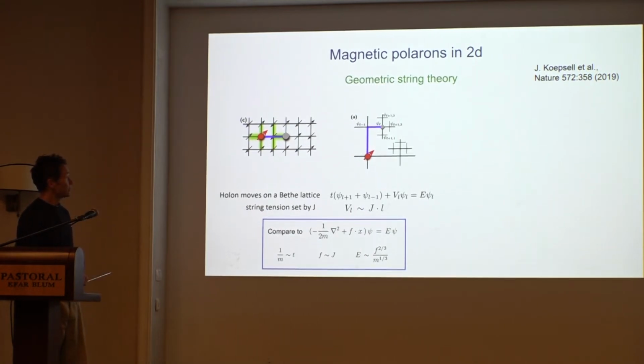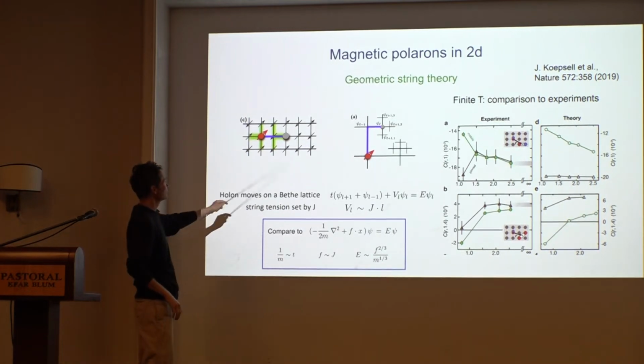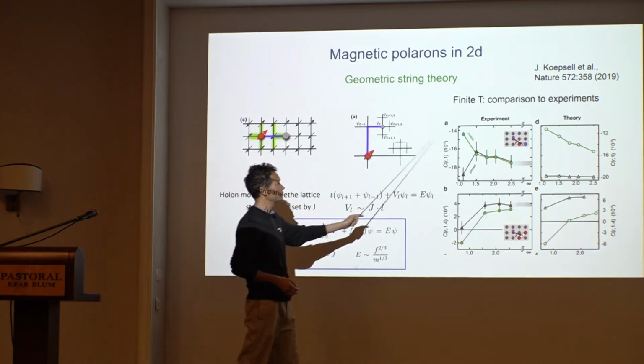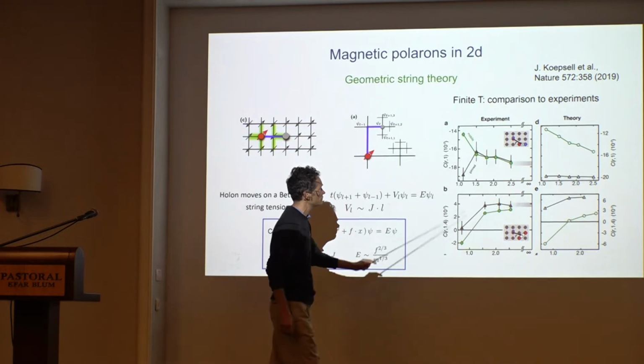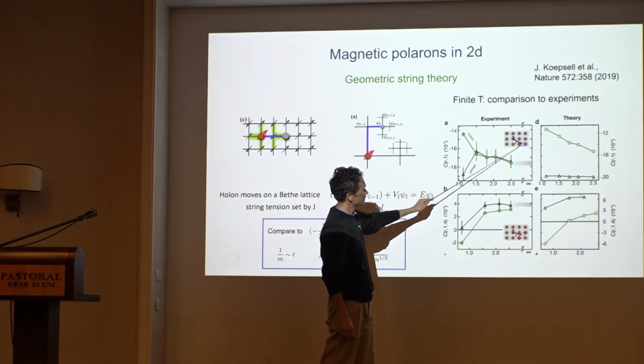Right. Okay, so now that I said we can sort of solve this tight binding model. This gives us a wave function of the string. This gives us knowledge of how the motion of this colon will reshuffle the spins, and then we can compare theory to experiment. So you can see we get a fairly good agreement. What is plotted here is, as we said, this charge spin-spin correlation.